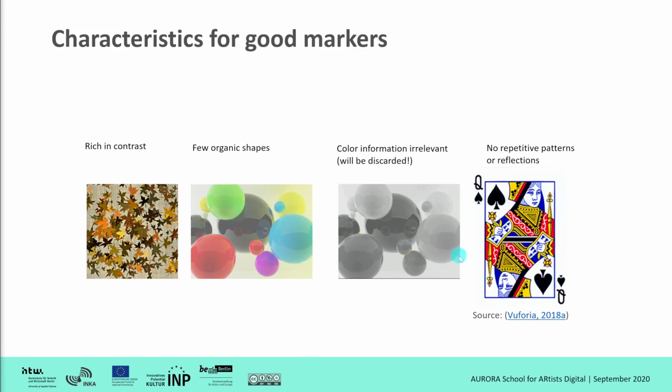And the last thing which is important is that you have no repetitive patterns like on this playing card, because in this case the algorithm will not know where is the top, where is the bottom. So when you're creating markers or selecting images, take care of this. But in the next step, I will show you how the Vuforia database can tell you what is a good marker and what is not.